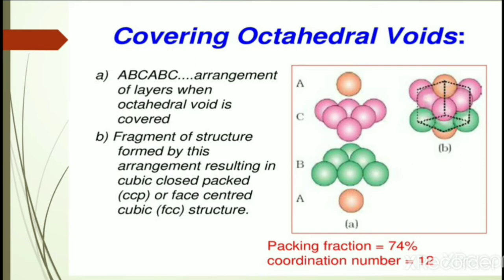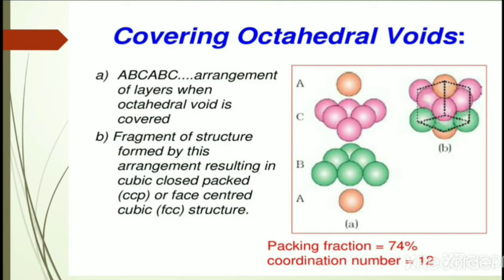When placed in this manner, the spheres of the third layer are not aligned with those of either the first or the second layer. This arrangement is called the C type of arrangement. The third layer is C type. It is placed over the B.